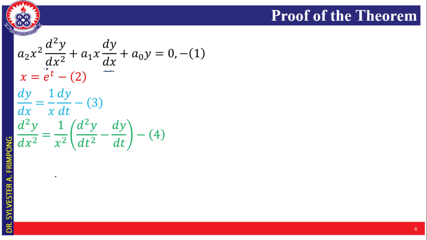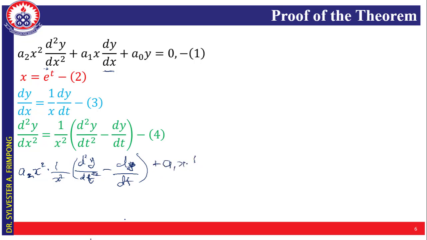So the d squared y by dx squared, if you substitute, you're going to have a2 x squared times 1 over x squared into d squared y by dt squared minus dy dt, plus a1 x times 1 over x times dy dt plus a naught y equal to 0.